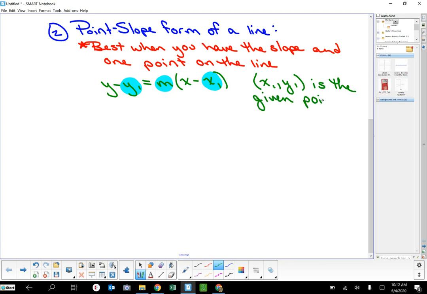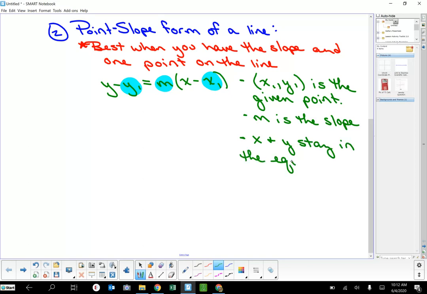So you will have that in the problem. M is the slope. And the x and the y stay in the equation. And we'll take a look at how to utilize this in a little bit.